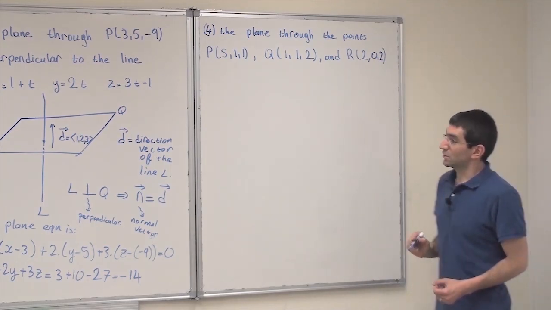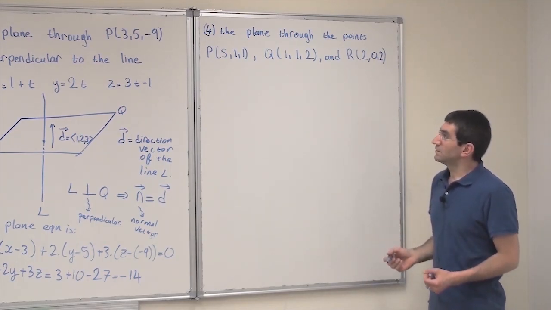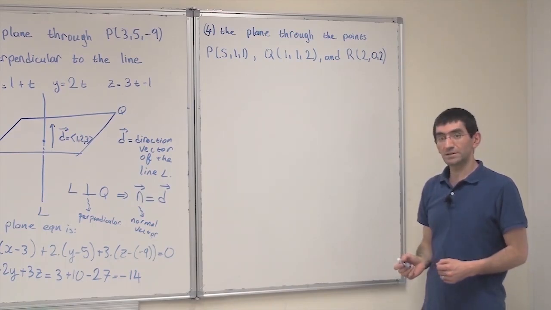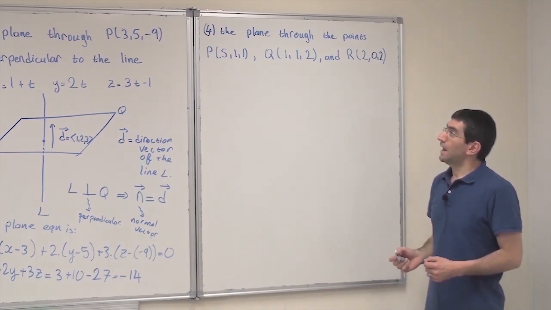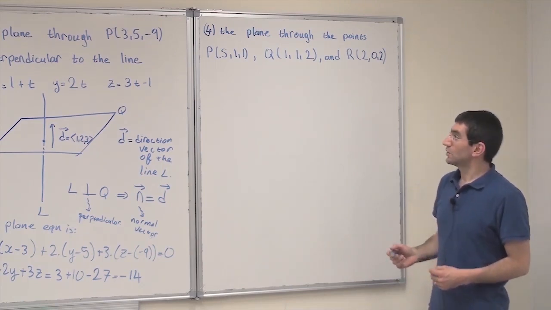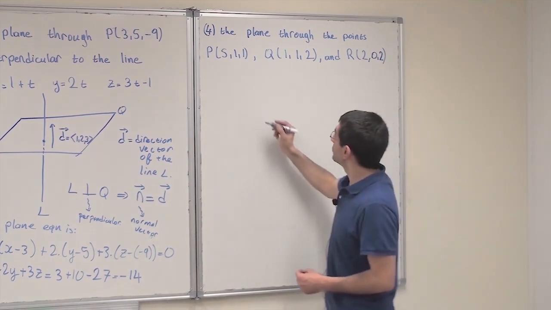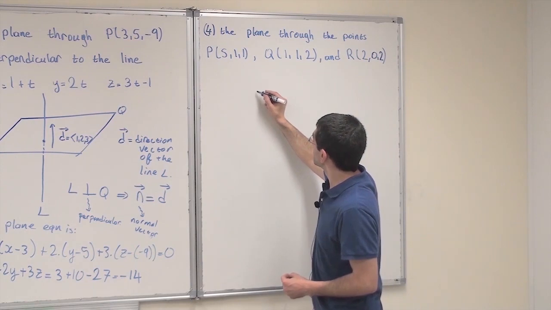We need a point and a normal vector on the plane, and what we are given is 3 points. So again, using these 3 points, we need to create a normal vector.